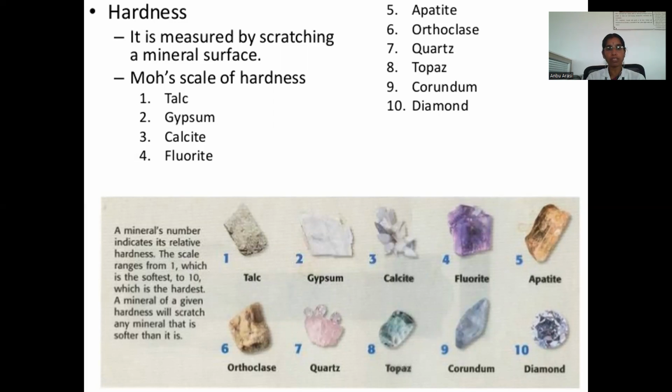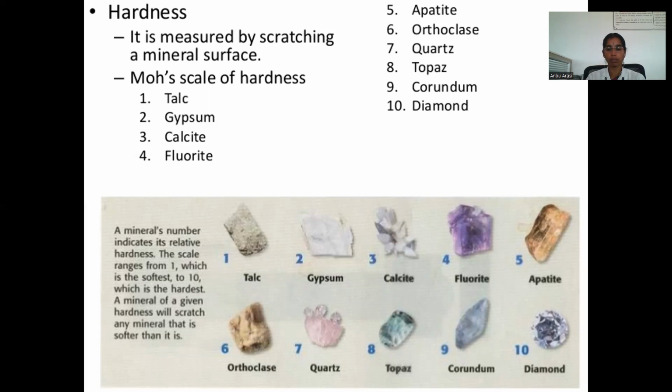The mineral numbers indicate its relative hardness. The scale ranges from 1 to 10. 1 is the softest and 10 is the hardest. Suppose a mineral is not scratched by apatite but is scratched by orthoclase feldspar.